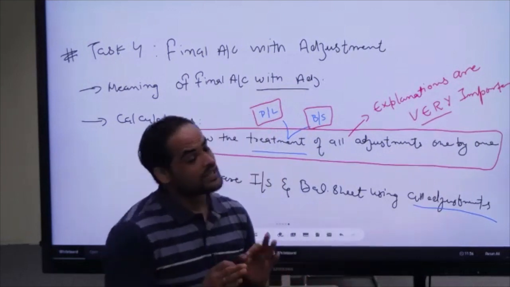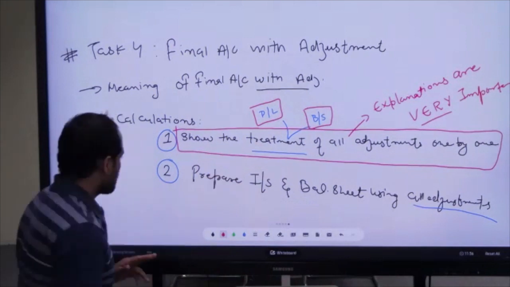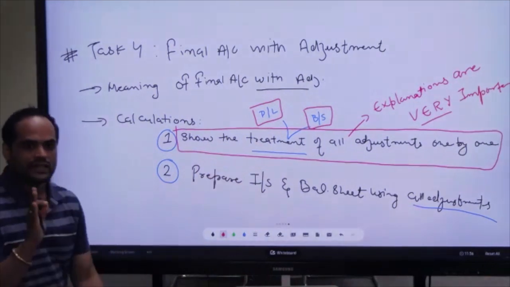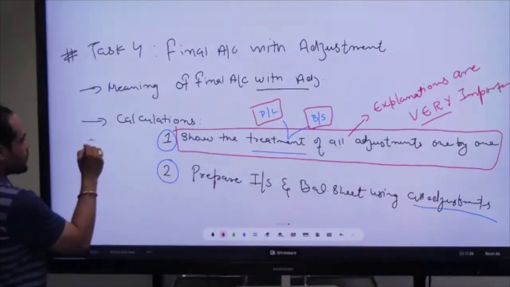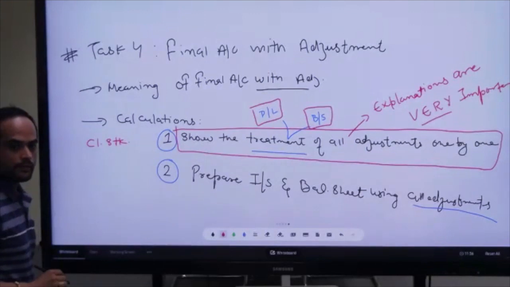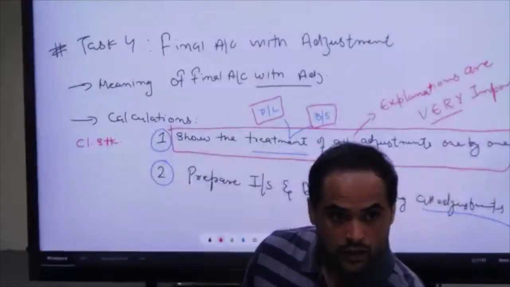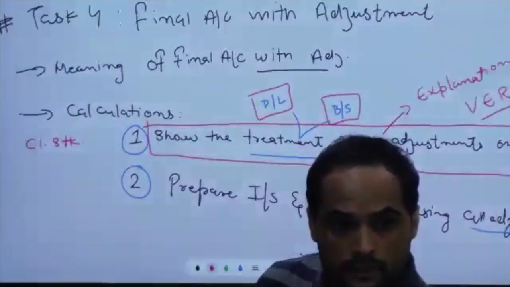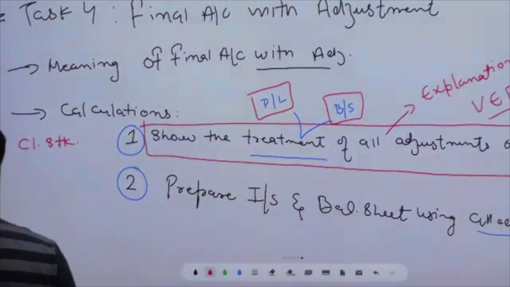So my suggestion for you for this treatment is, for example, I'm just giving you an example. Let's say you have a closing stock.